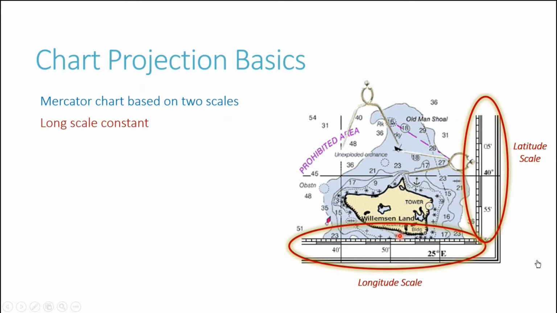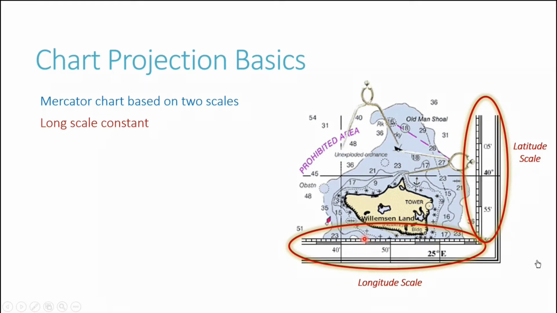To go a little bit deeper into the concept of latitude and longitude scale, the longitude scale which you see, 1 minute of longitude or 1 degree of longitude, is constant over the entire chart. So you go to any part of the chart, the length of 1 minute of longitude or 1 degree of longitude will remain the same.